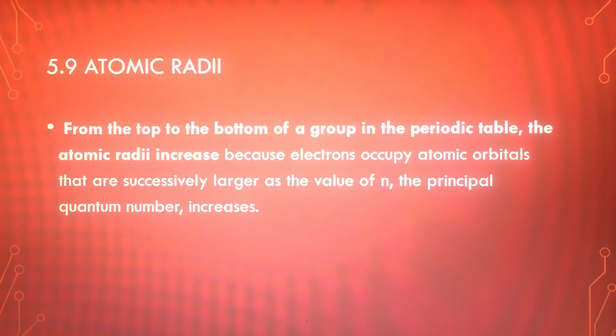Just like in our discussion of the s orbitals, as we go down the group, we have a larger value of the principal quantum number, or the main energy level occupied by the electrons. Therefore, it will attain a larger atom, or larger space for the atom.